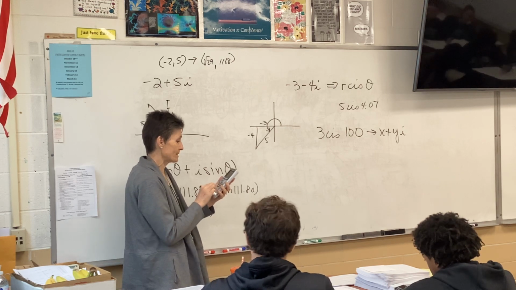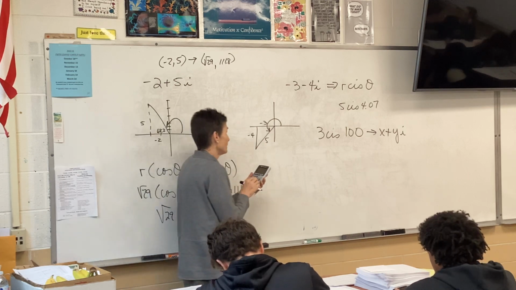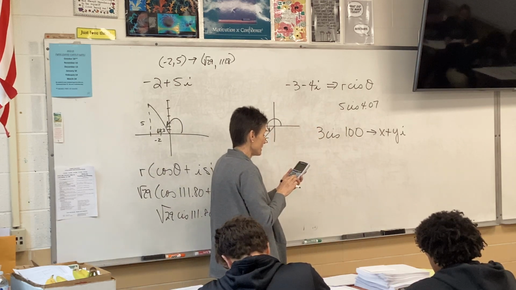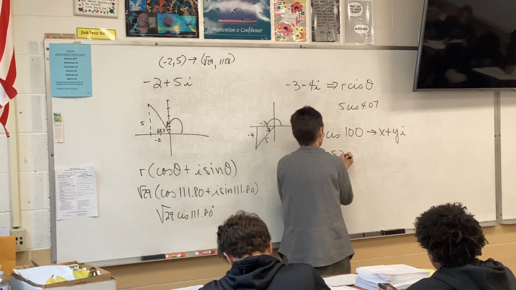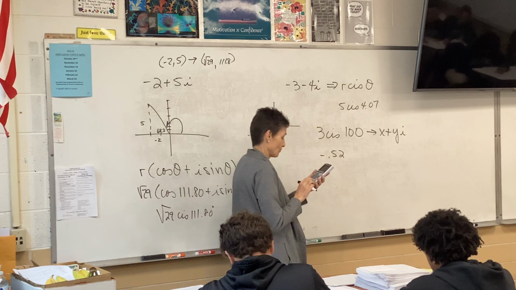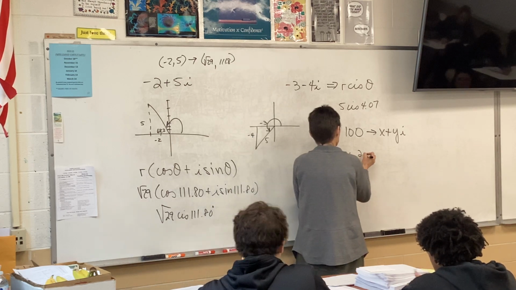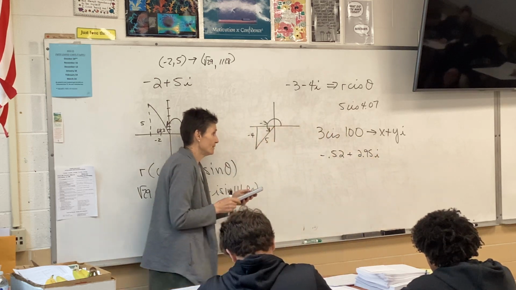Oh, you already told me. Somebody already did today. What's that? R cosine theta. So I'm going to set my calculator in degrees, and 3 cosine 100 is negative 0.52, 3 sine 100 is plus 2.95i. There it is.